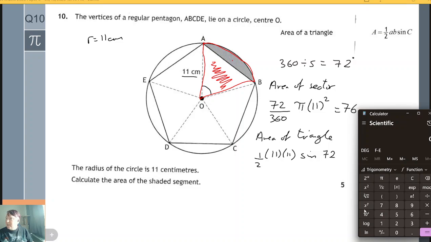So let's start with my 72 and sine of it, and we're going to times that by our 121, and divide by 2. Don't know why that didn't work. We get 57.5389, so 57.5.